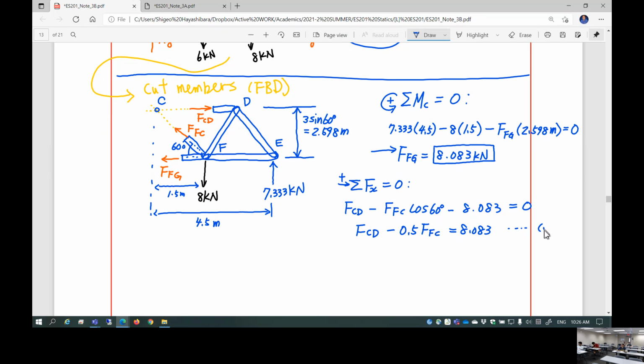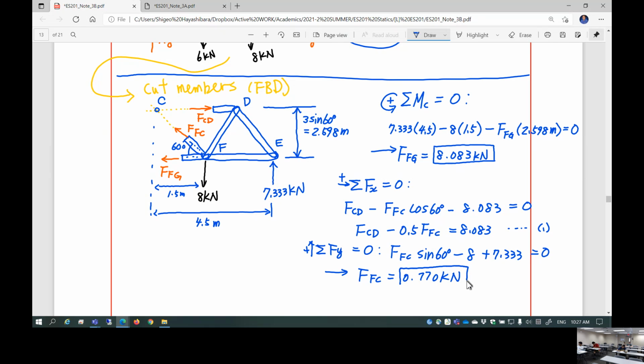This is equation 1. Now, summation of the force in y direction. This is going to be FFC sine of 60 minus 8 kilonewton plus 7.333 kilonewton set equal to 0. This actually gives you FFC straight out. FFC is equal to 0.770 kilonewton.